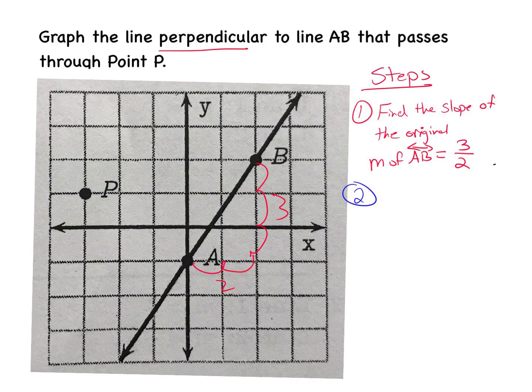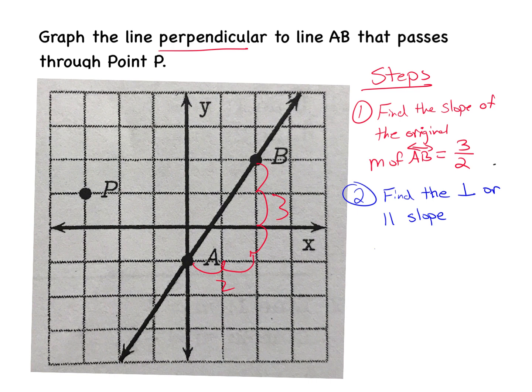All right. So once we found the original slope, step 2 is find the perpendicular or parallel slope. Okay? So it just depends on what they ask you for. What do they ask us for on this one? The perpendicular, right?